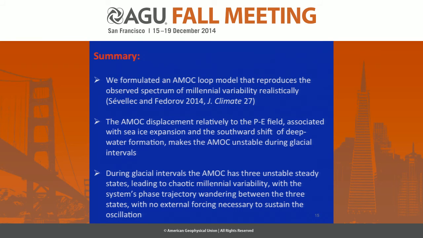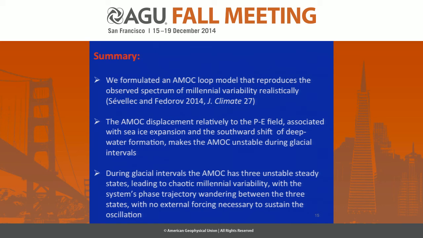So I'm almost at the end. The summary here: we have formulated a simple, and it's as simple as it gets, AMOC loop model, which reproduces the observed spectrum of millennial variability, talking about DO events realistically.